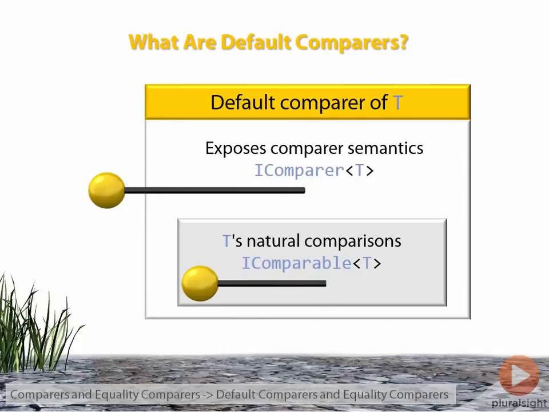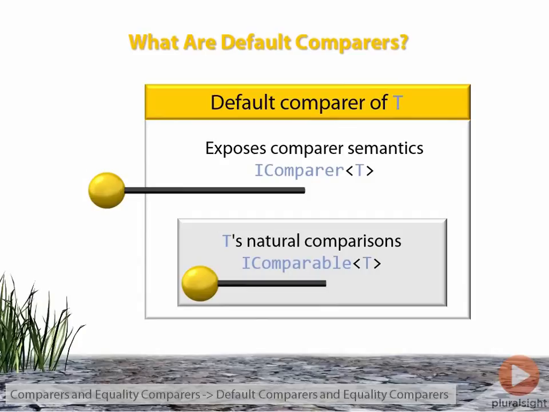And that means if you're in a situation where you need to supply a comparer, but you don't have one available, you can just use the default one instead, as long as you're willing to go with the type's own natural comparison logic. That's for comparers. Equality comparers are exactly analogous, except they deal with equality, not comparisons.